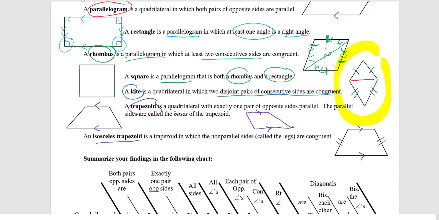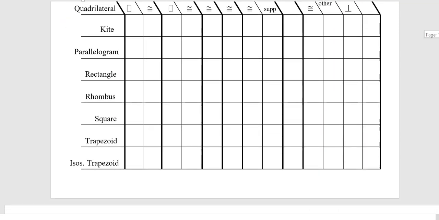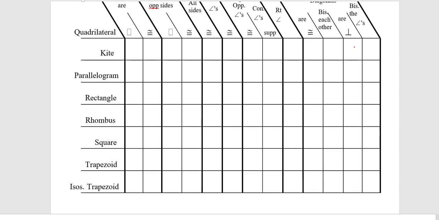So if I draw in the diagonals like this, hopefully you can see that this diagonal, the one that's going up and down vertically, has to be the perpendicular bisector of this diagonal right here, and that would be because of the equidistance theorem. And so because of that, we know that the diagonals are perpendicular to each other. And as it turns out, I think that's the only property that is true for a kite.